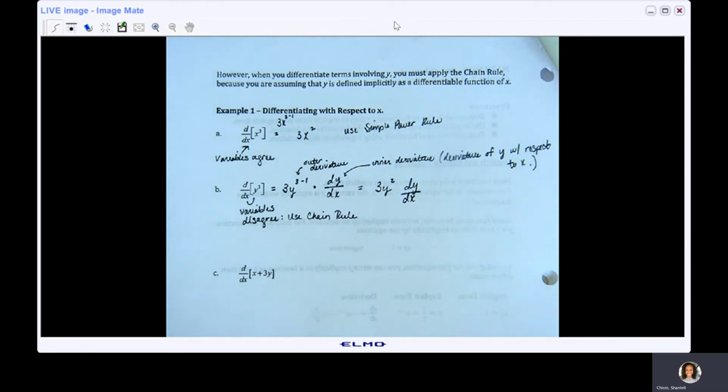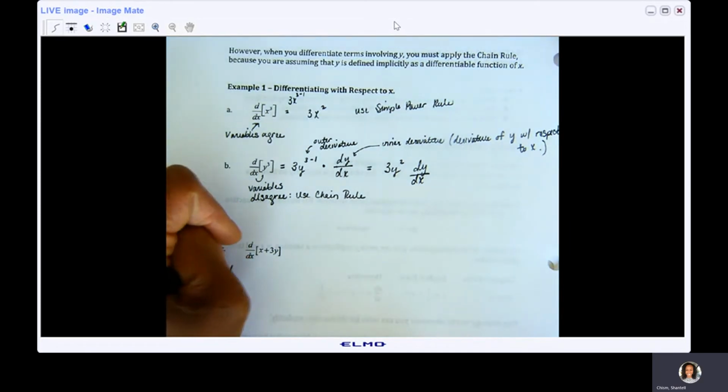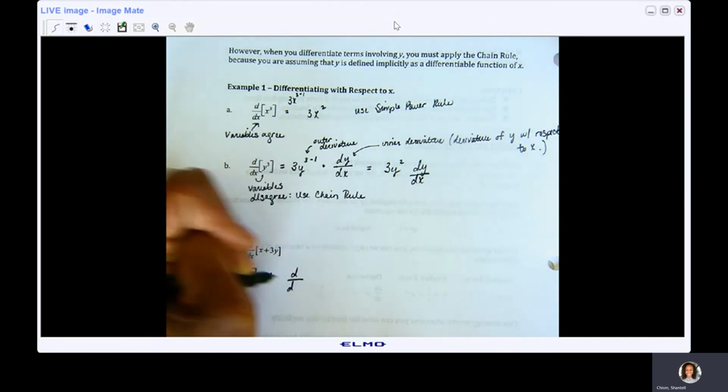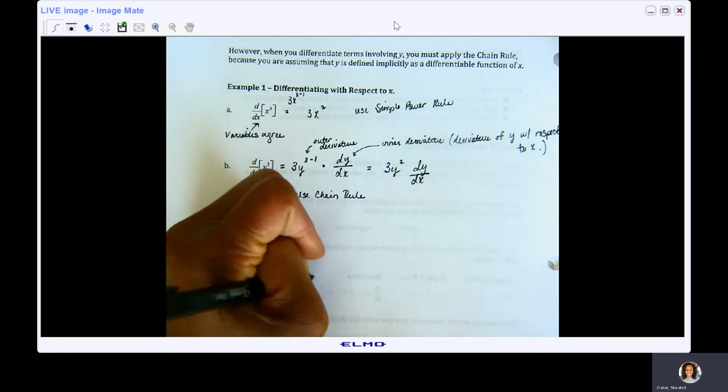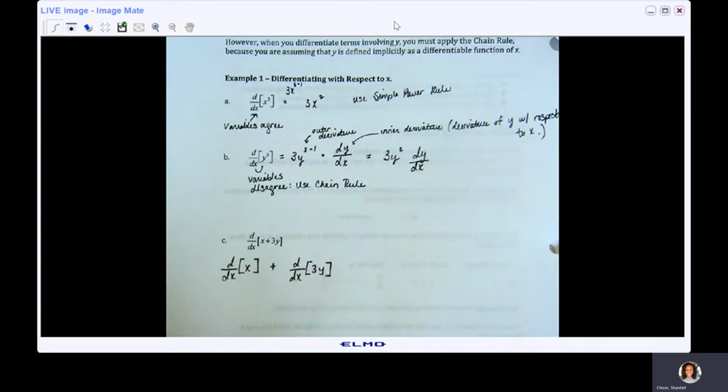Let's take a look at this part C. You got a sum of 2 terms. So we're going to break those apart. We're going to take the derivative of the first term plus the derivative with respect to x of the second term. Now here, the variables agree.